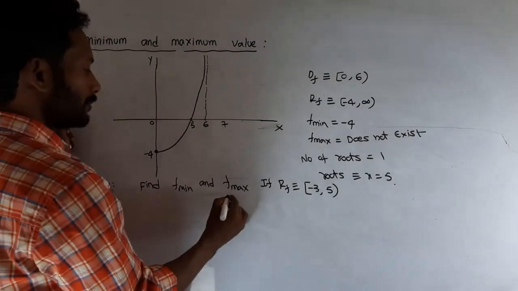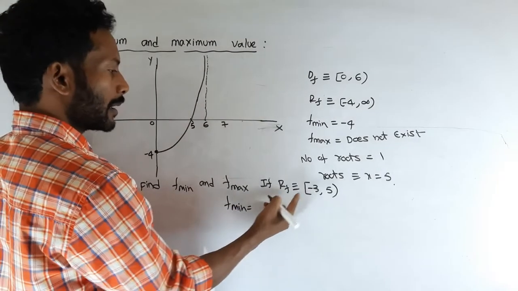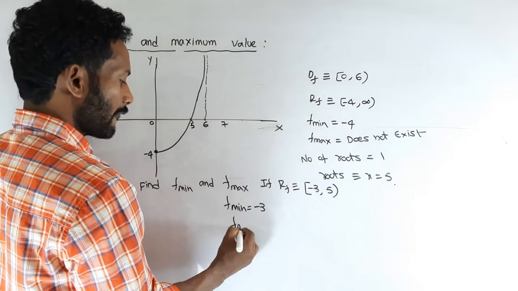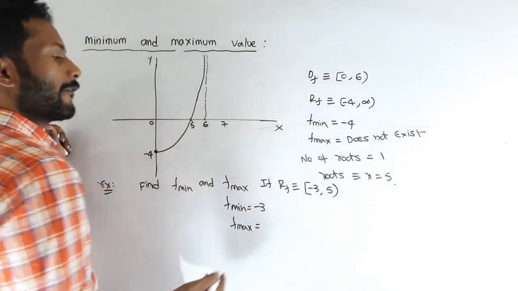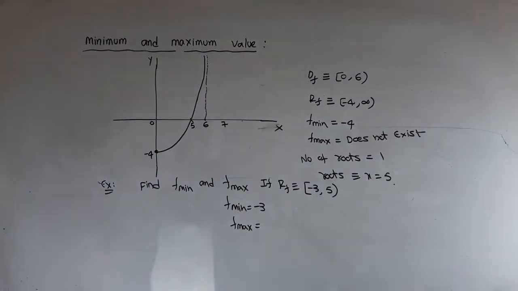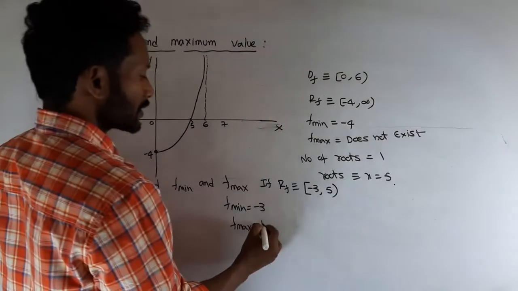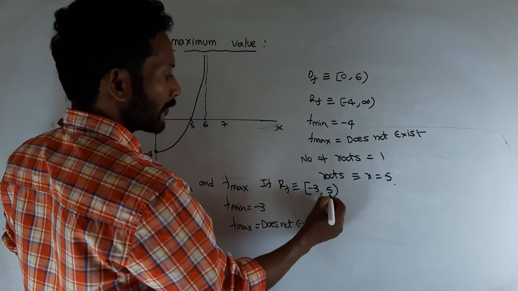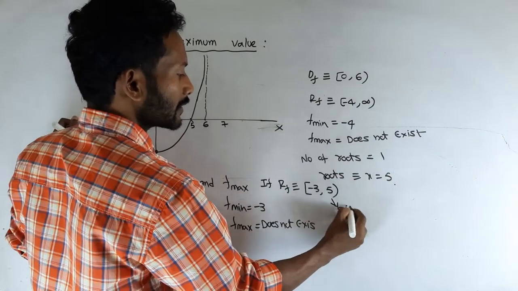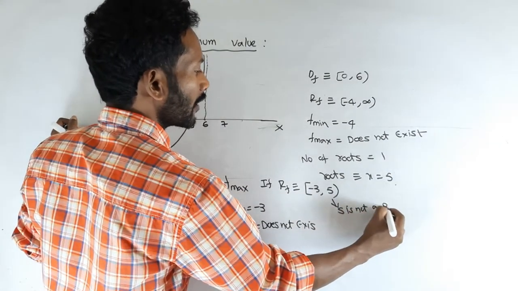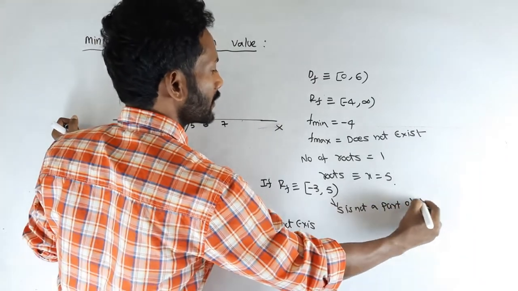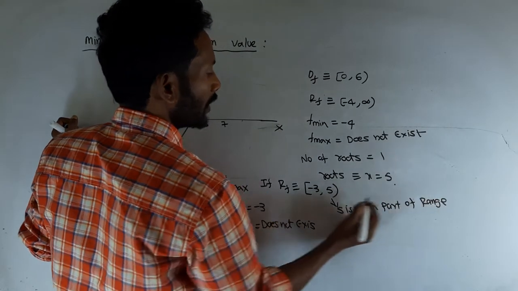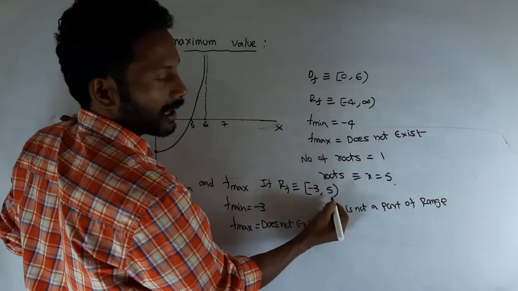What is F minimum? Minimum is -3. F maximum does not exist. Why does it not exist here? Here 5 is not a part of the range, because it is closed interval -3 to open interval 5.